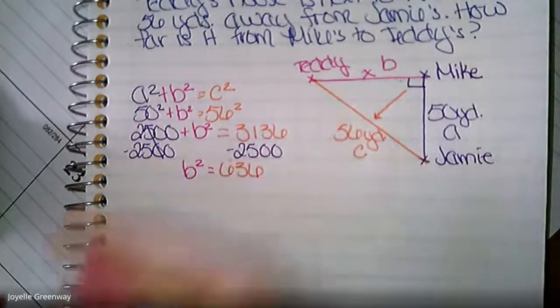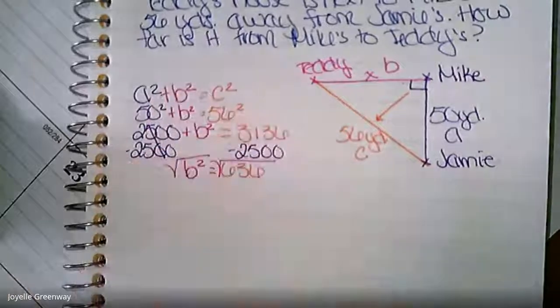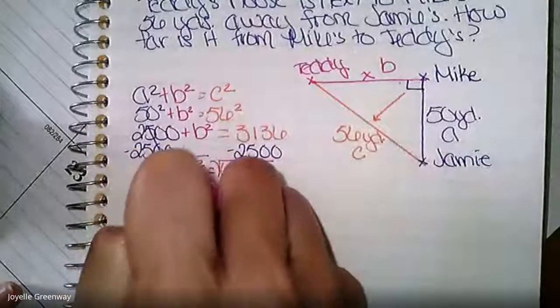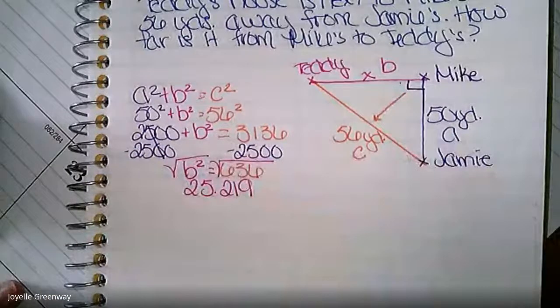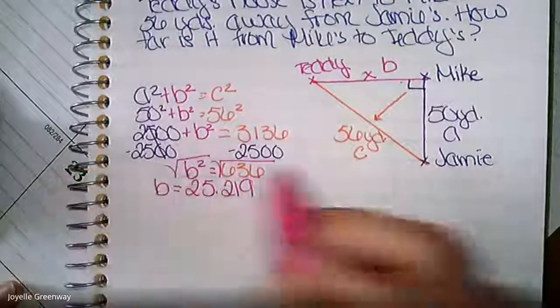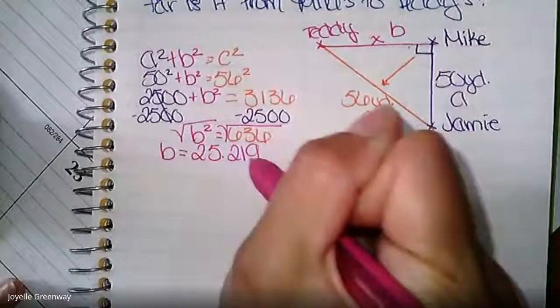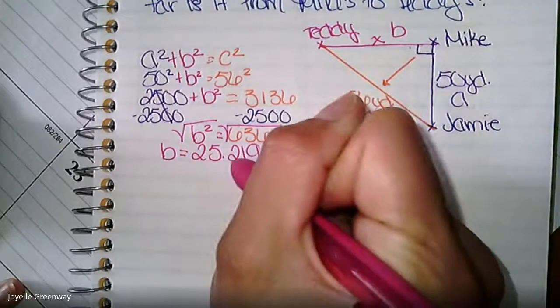Then I can take the square root, and I get 25.219 is equal to B. If I round to the nearest tenth, this is your tenths place. Right next to it is a 1, so I leave it at 2.